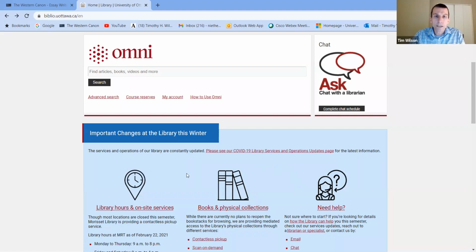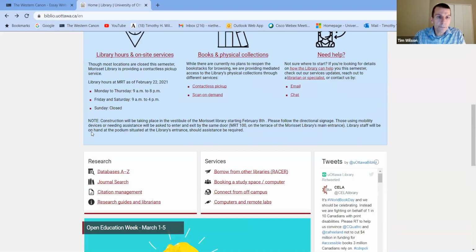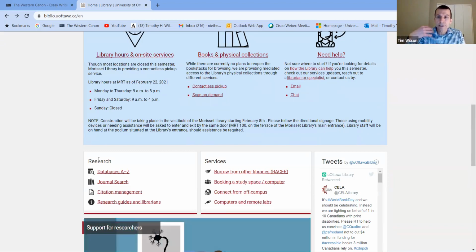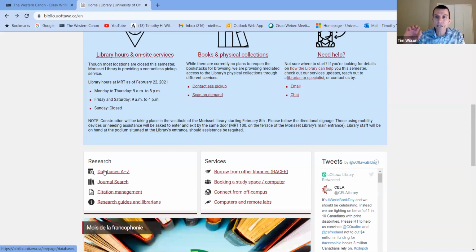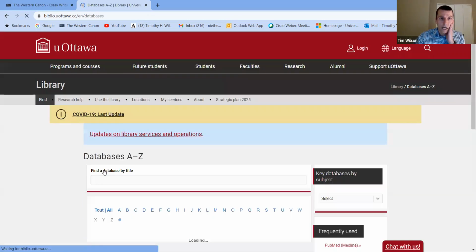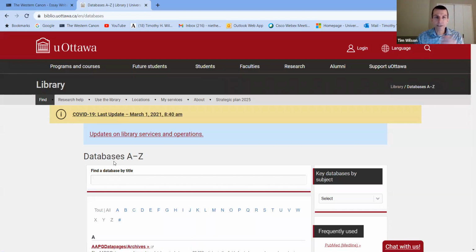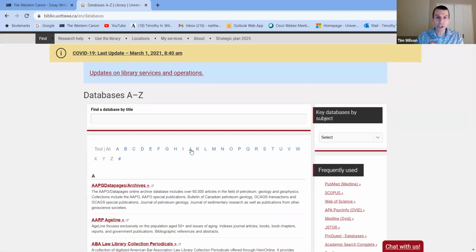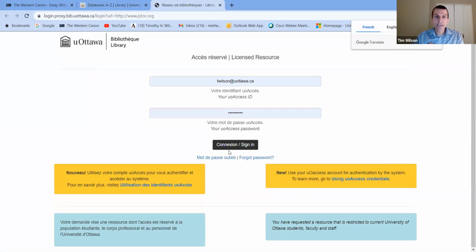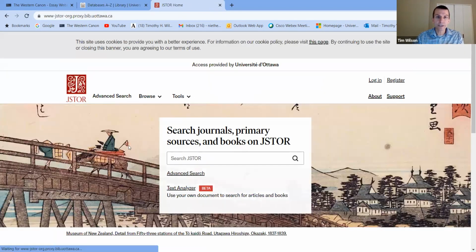I think one way, and this will be useful for this class and many humanities classes, a good way to start in this search for secondary sources is to get a database of journals that are rich in arts and humanities scholarship. So I went to the databases link here. I'm going to go to JSTOR. So JSTOR is here. It asked me to sign in, so I'm going to get access to these.